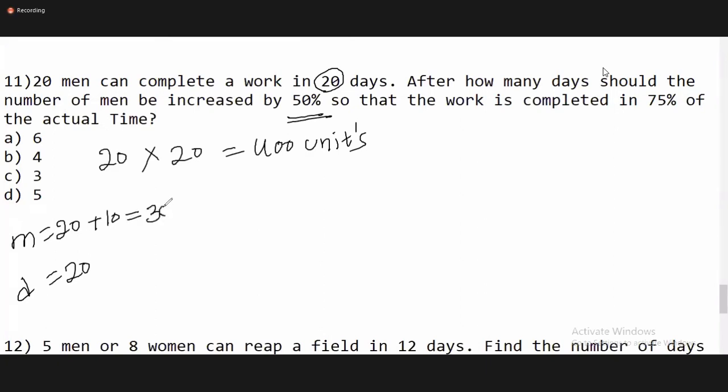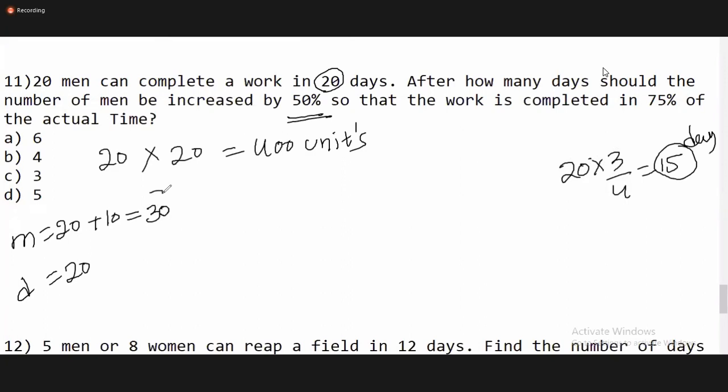So after some days, 30 people will work. With the manpower of 30, you need to complete 75% of the actual time. What is your actual time? 20. What is 75% of it? Can I say 15 days?